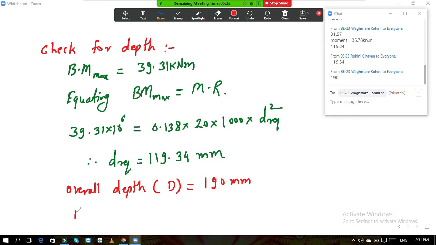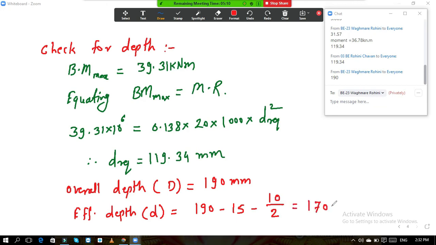So effective depth small d is equal to 190 minus, assume 15 mm clear cover and assume 10 mm bar diameter which we are going to use, so 10 by 2. So it is 170 mm, so this is safe.